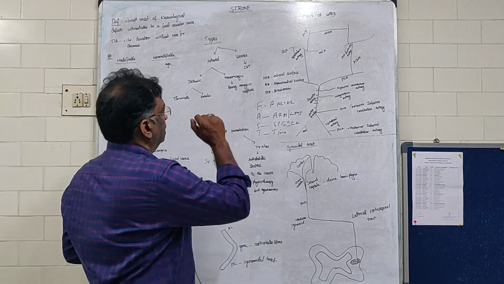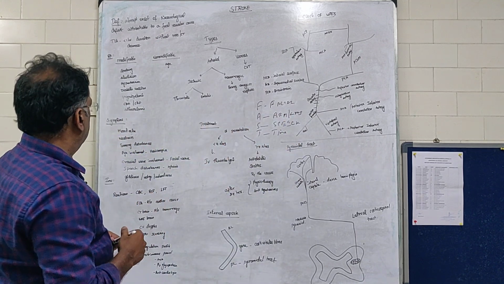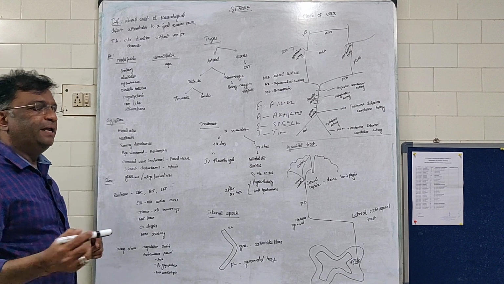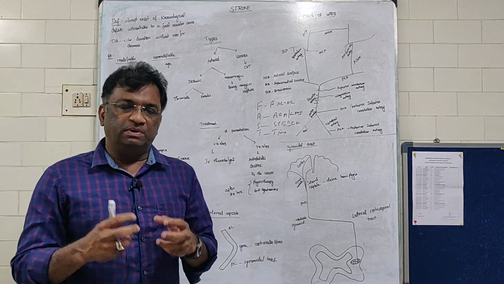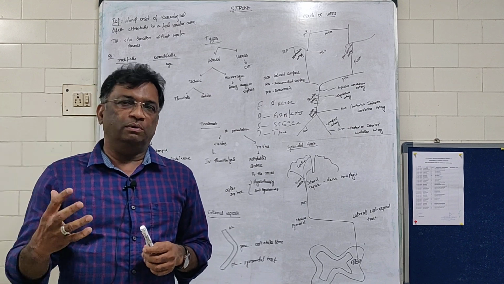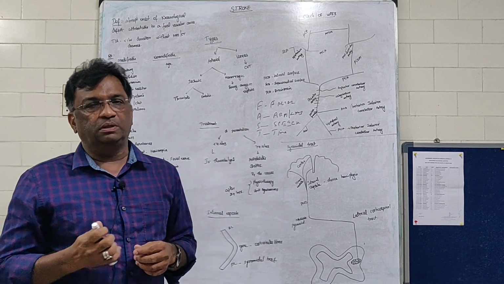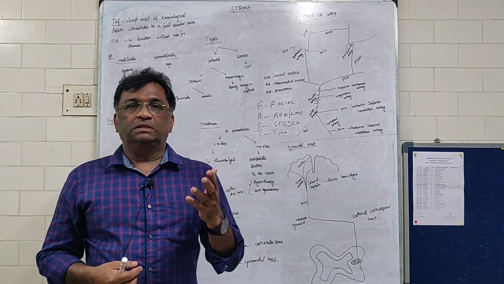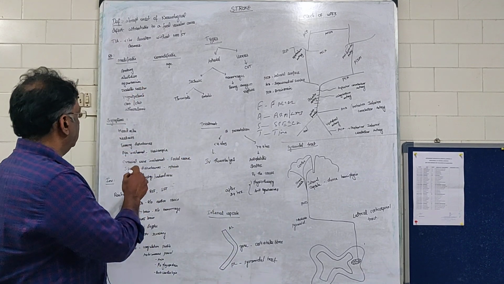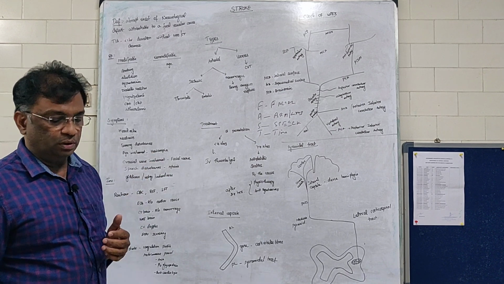Apart from this, what are the other symptoms of stroke? Headache is another important symptom, especially in a patient who is having a bleed, a hemorrhage; severe unexplained headache is important. That was speech abnormality. Similarly, vision abnormality, any problem with eye involvement, can be a symptom of stroke.